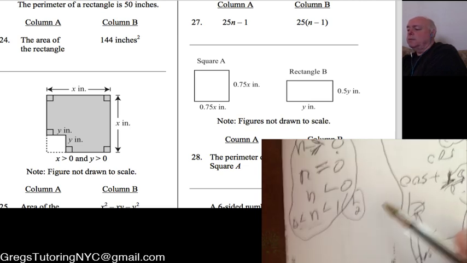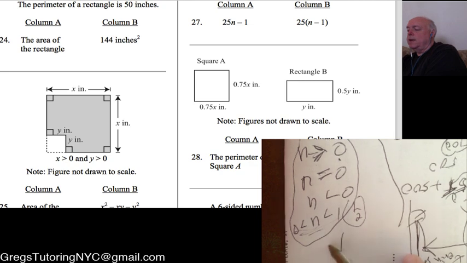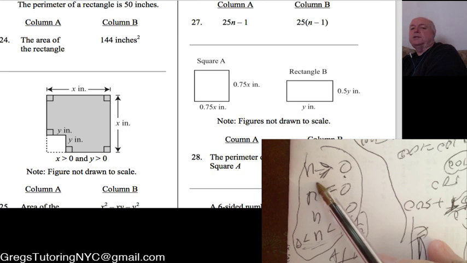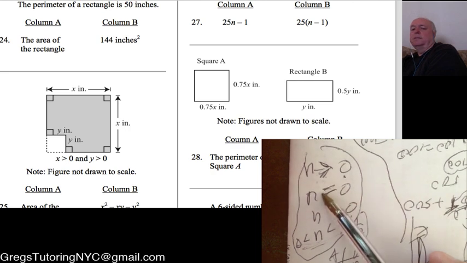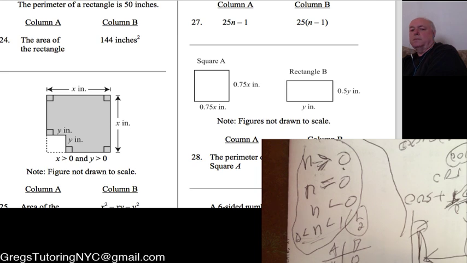So with those in mind, let's compare column A and B. When n is greater than 0, let's just use 1. When n is 1, we get 24, because 25 minus 1 is 24. And when n is 1 here, we get 0. So A is larger right now. When n is equal to 0, here we get minus 1, and here we get minus 25.